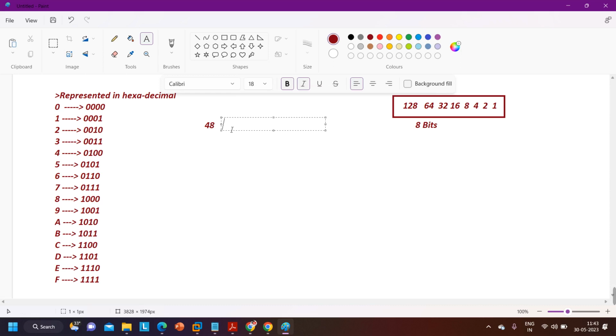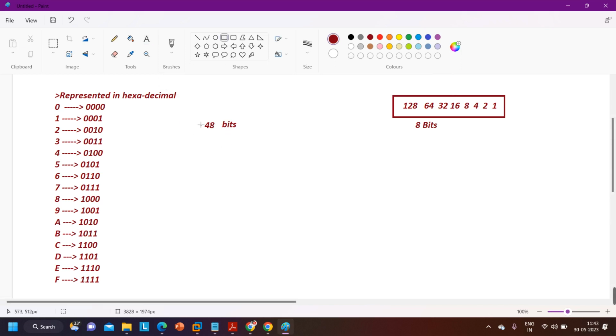As you know, to represent one hexadecimal character, we need 4 bits. That means how many total characters are there in the MAC address? 48 bits, but we represent it in hexadecimal, and to represent one hexadecimal character we need 4 bits. So there are 12 characters.